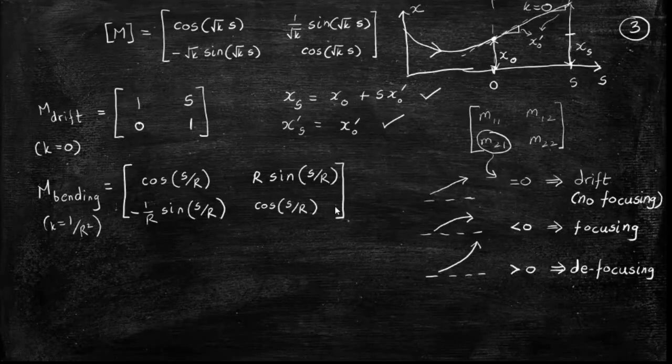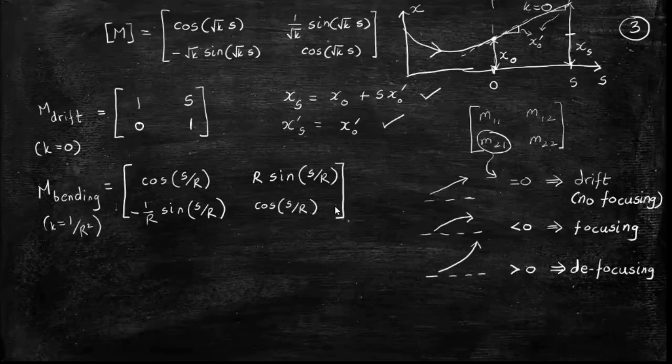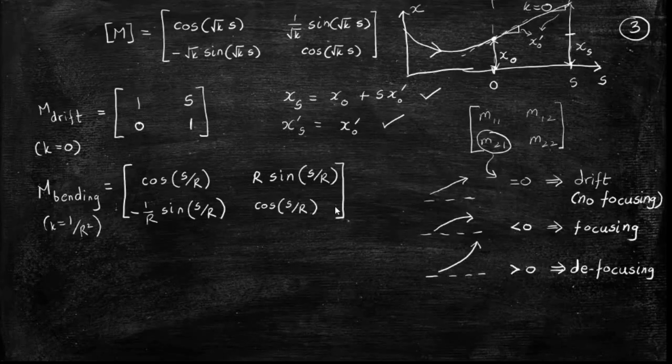Now look at that bottom off diagonal term, the M21 term. What does this tell you? When a beam passes through a bending magnet, of course it gets bent. It also gets focused.